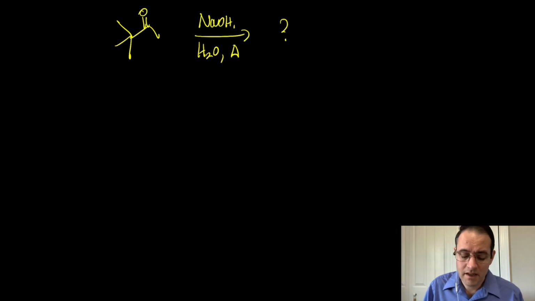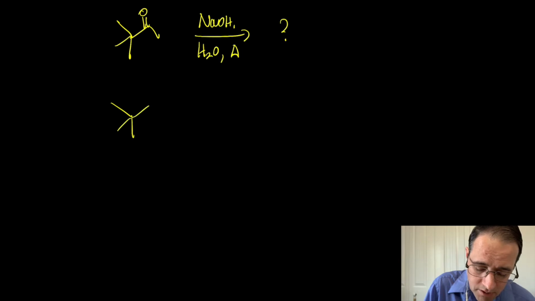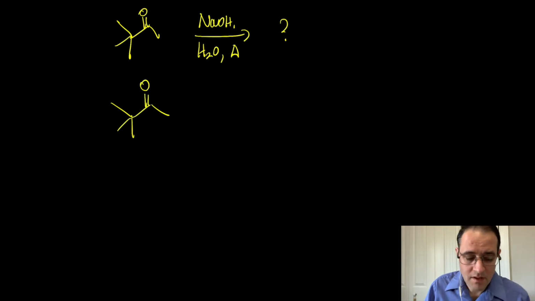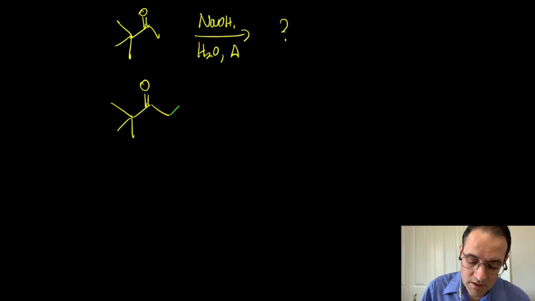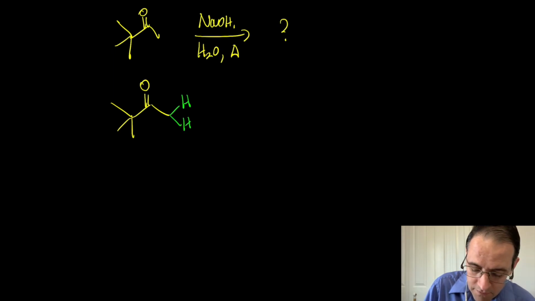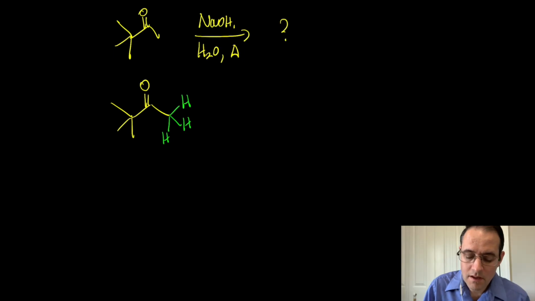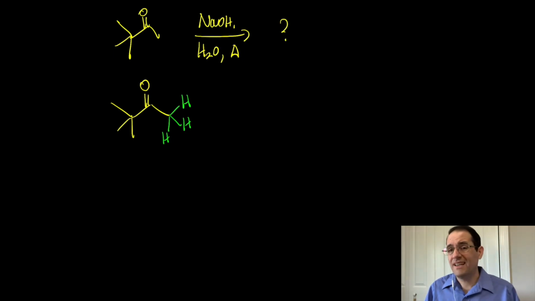The idea here is that you can draw two molecules side by side. So there's my starting ketone, and you want to draw hydrogens on the alpha carbon, okay? And then we'll draw a ketone right below that, okay?